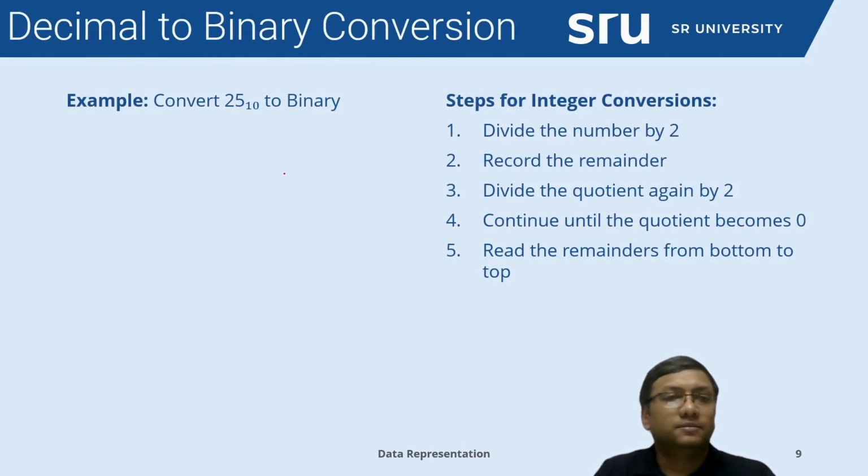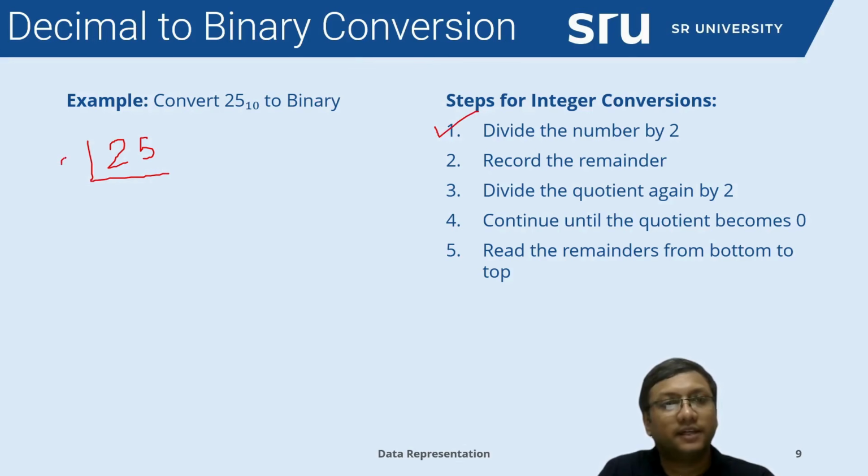Now come to decimal to binary conversion. We will learn how to do that through the steps that have been given here. First we will write the number that is given, for example 25. We will divide the number by 2 as per step 1.